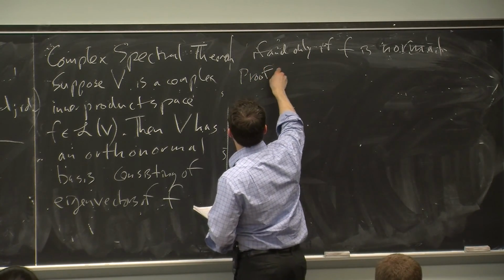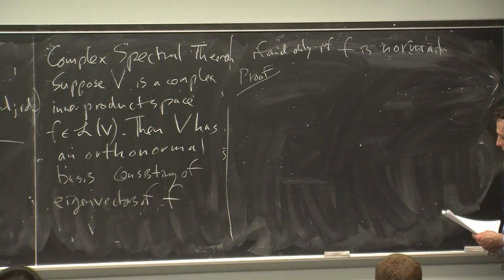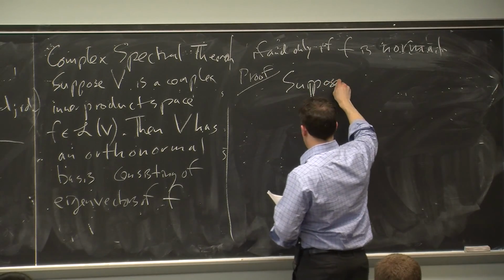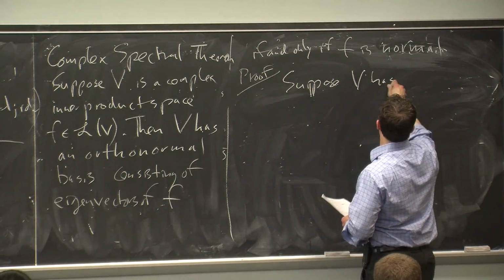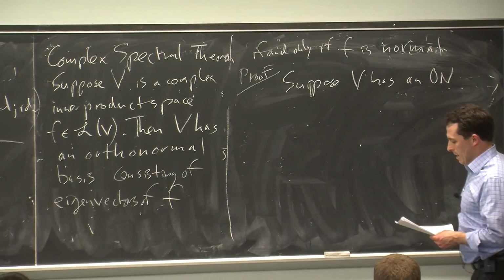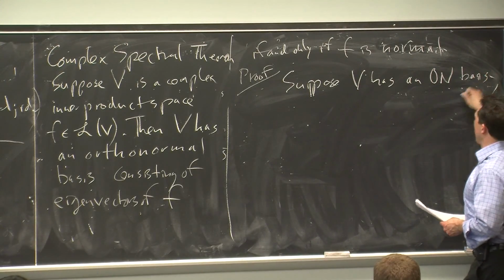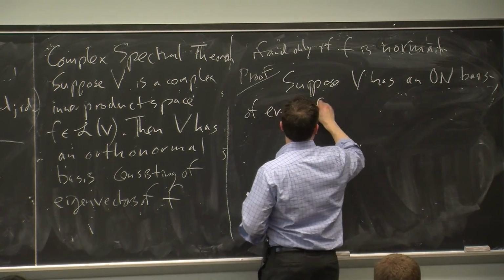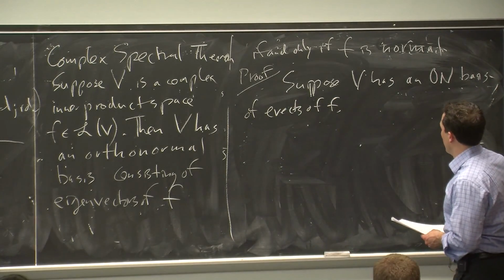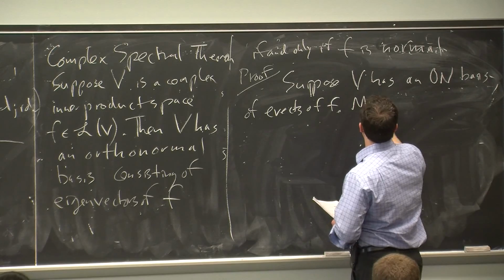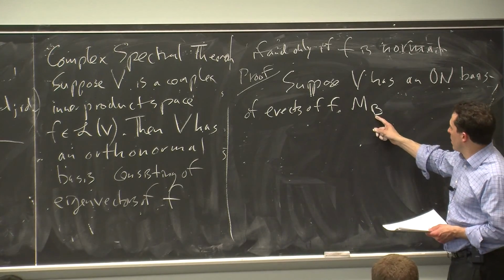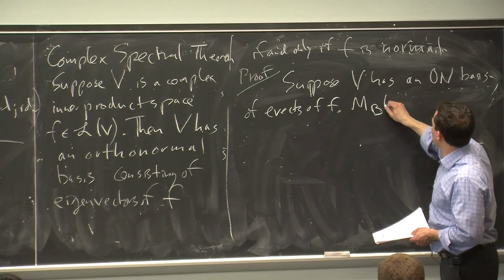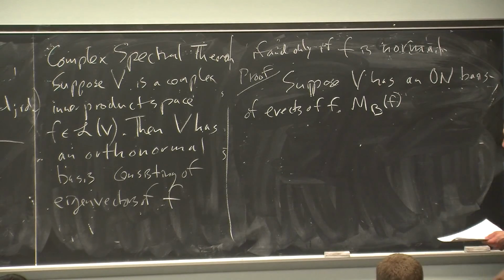Proof. One direction is easy thinking about the matrices that are involved. So suppose V has an orthonormal basis of eigenvectors of F. So the matrix, I only need one basis B because we're looking at linear operators on V. So both the domain and the codomain are equal to V, and they have basis B. The matrix is diagonal.